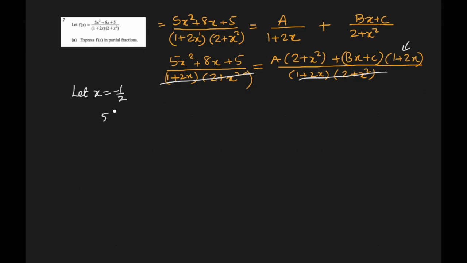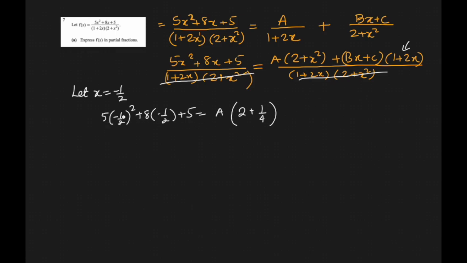So 5 times minus half square plus 8 times minus half plus 5 equal to a times 2 plus minus half square, including minus, it will be squared, which is 1/4 positive, right? Since this is becoming 0, so bx plus c and this whole thing becomes 0, no need to go anywhere else.